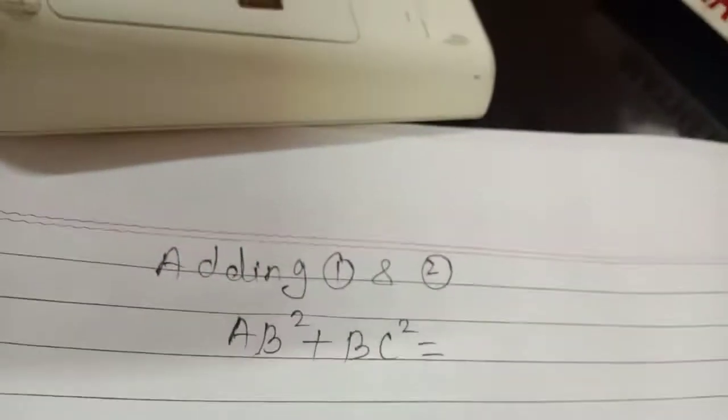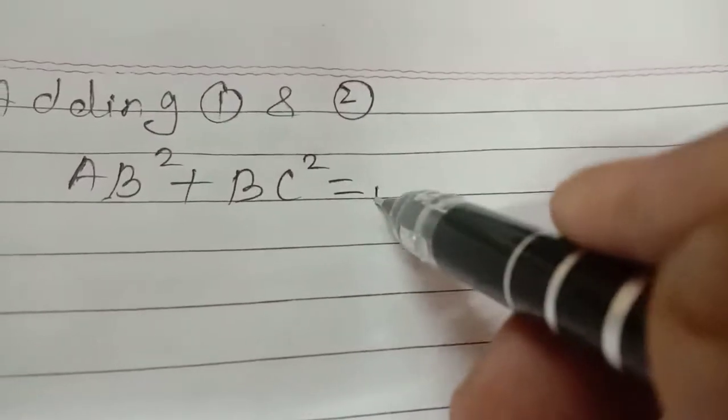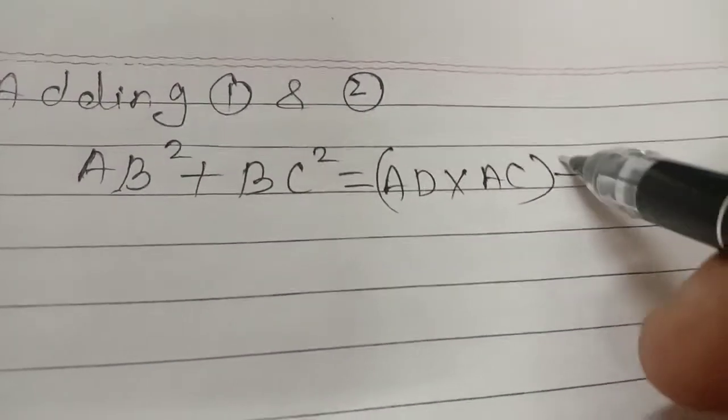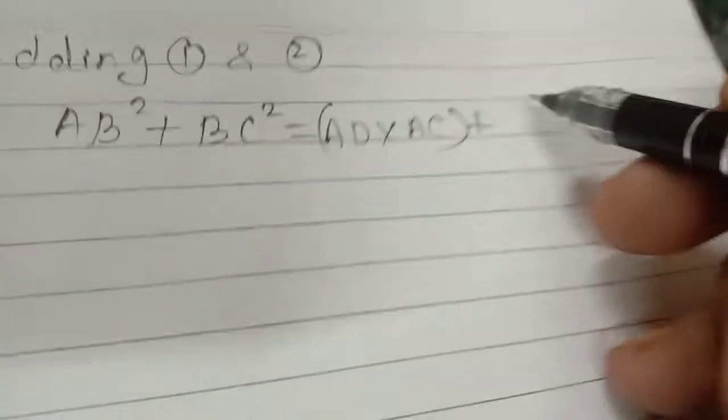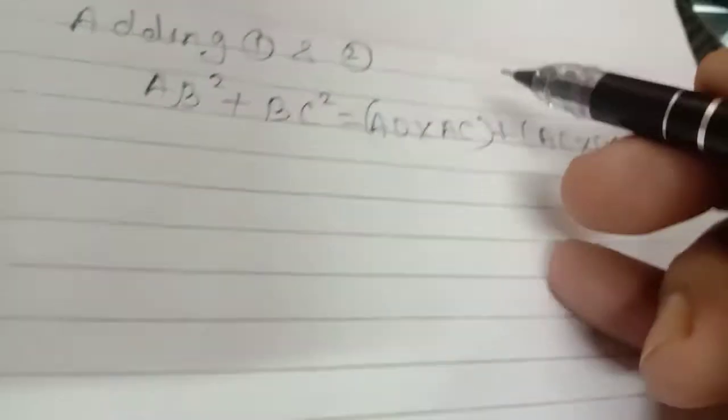The value of AB square you can see from here. AB square is AD into AC. So I will write here AD into AC plus you will get the value of BC square, AC into DC. We put the value now.